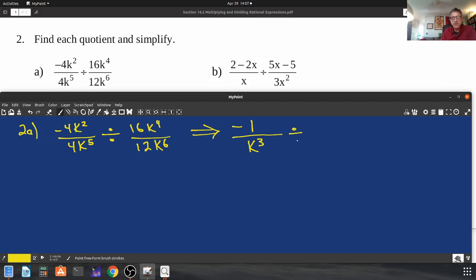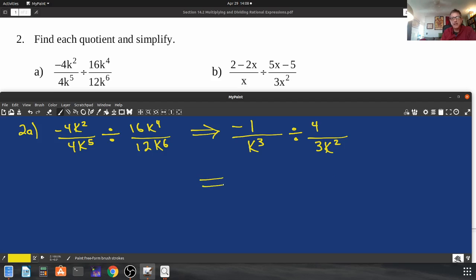I'm still doing division. 16 divided by 12, well, we can reduce that. 16 divided by 4 is 4. 12 divided by 4 is 3. And they clearly don't share any common factors. K to the fourth divided by k to the sixth. Well, the bottom term has 2 more factors of k than the top. So that's 3k squared.